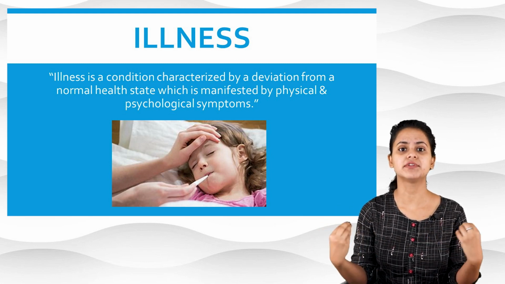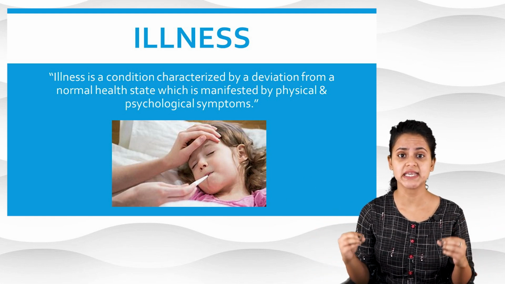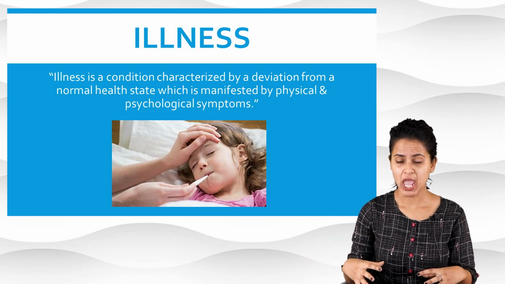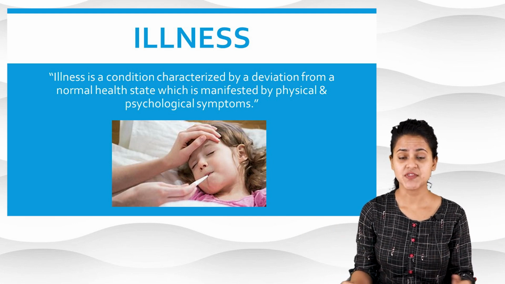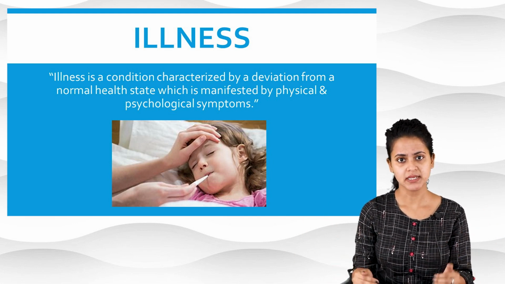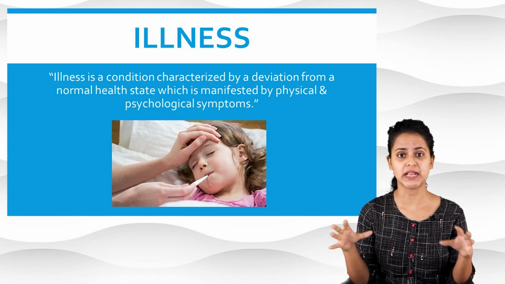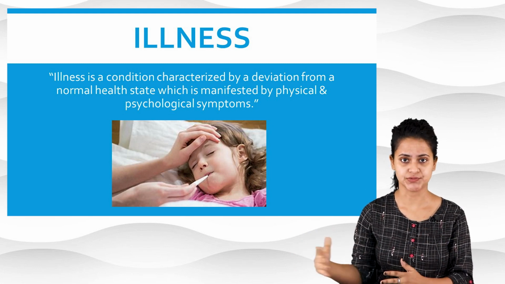We already have learned what health is. If an individual is maintaining harmonization within oneself and with the external and internal environment, maintaining physical, psychological, psychosocial, and environmental well-being, we can call that individual a healthy person, right?